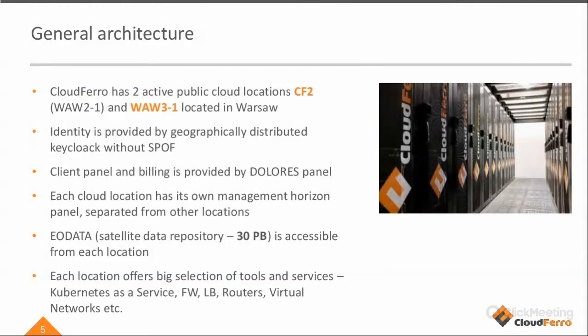So you will be able to access it independently from each location, and there won't be any single point of failure. And each and every location has a slightly different selection of storage services and VM flavors and so on.